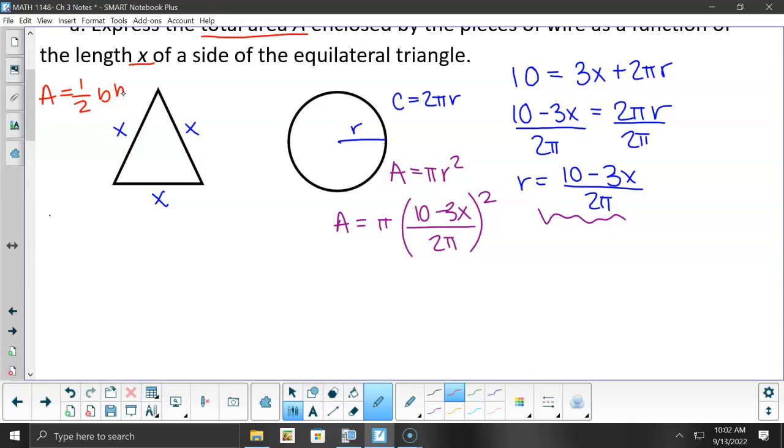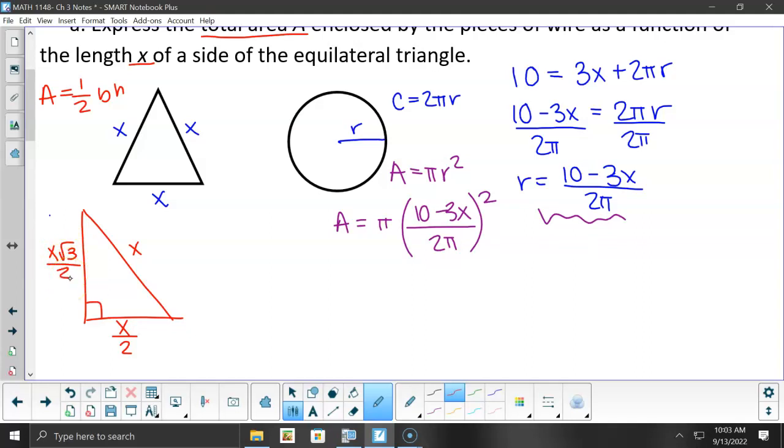No. Do we remember 30, 60, 90 special right triangles? My hypotenuse is x. This base is going to be just half of my normal base. And then my height for the triangle is going to be x root 3 over 2.